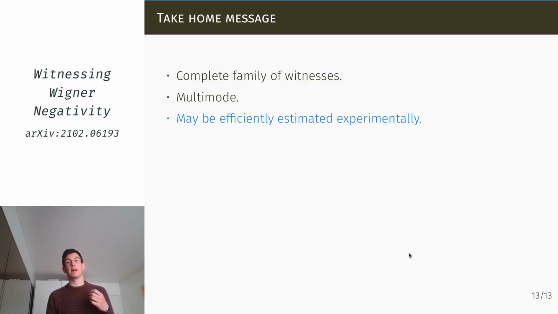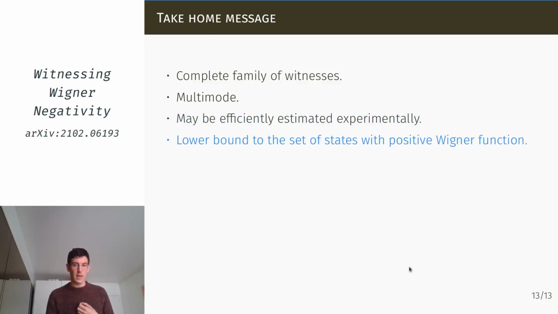The expectation value with these witnesses can be efficiently estimated experimentally even in the multimode setting, with an approximation. The amount by which we violate the bound gives us a lower bound to the set of states with positive Wigner function, so it gives us an operational meaning to this violation.